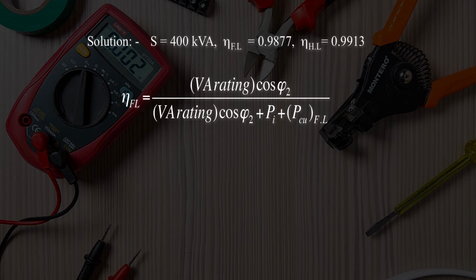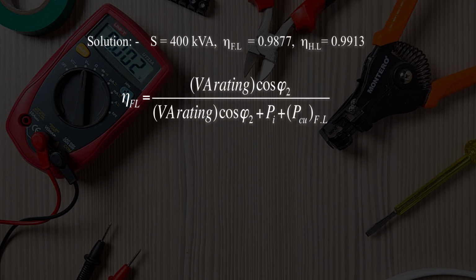Efficiency at full load is given as 0.9877 and efficiency at half load is given as 0.9913. So efficiency at full load can be written as VA rating of the transformer multiplied by cos phi 2 upon VA rating of the transformer multiplied by cos phi 2 plus Pi plus PCU at full load. Just put all the values like VA rating and cos phi 2, then you will get some expression.